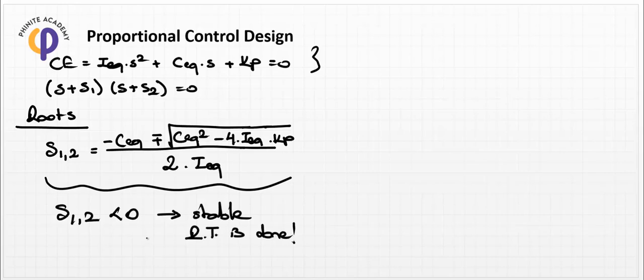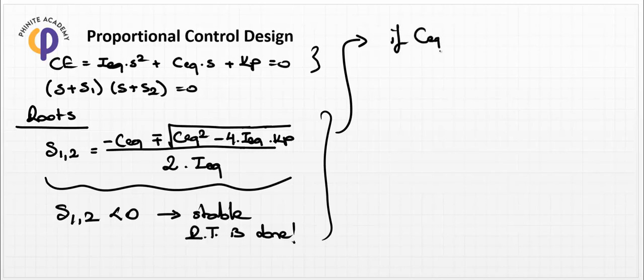In this situation we can analyze the code. If Cx is greater than 0 and Ix is greater than 0, then s1,2 is always smaller than 0, which means the system is stable. How can we use the Kp factor here? Kp can be used to set the value of s1,2.